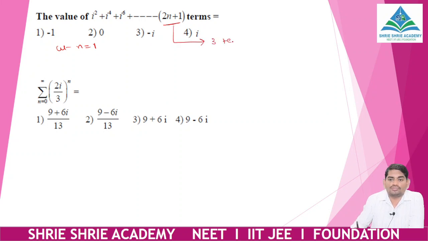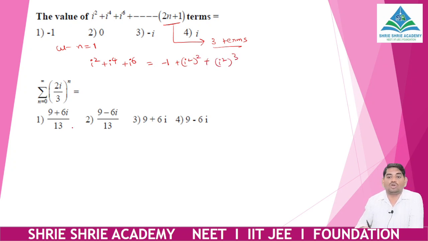3 terms. So we need to add the sum of the first 3 terms, iota square plus iota power 4 plus iota power 6. What is the value of iota square? Minus 1. And iota power 4 we can also write as iota square whole square. Iota power 6 we can write as iota square whole power 3.